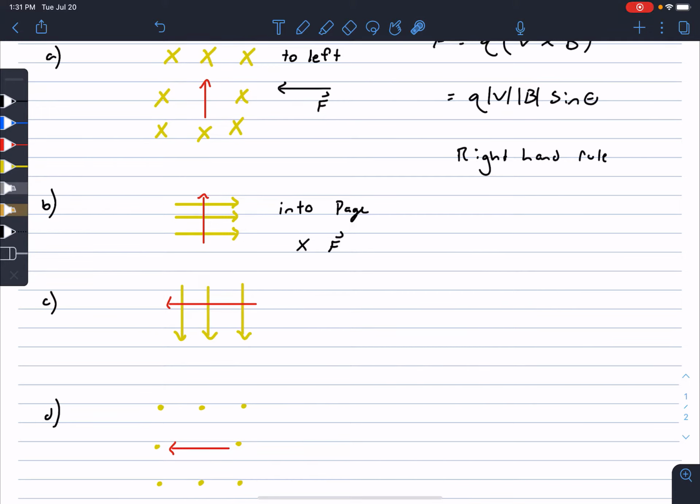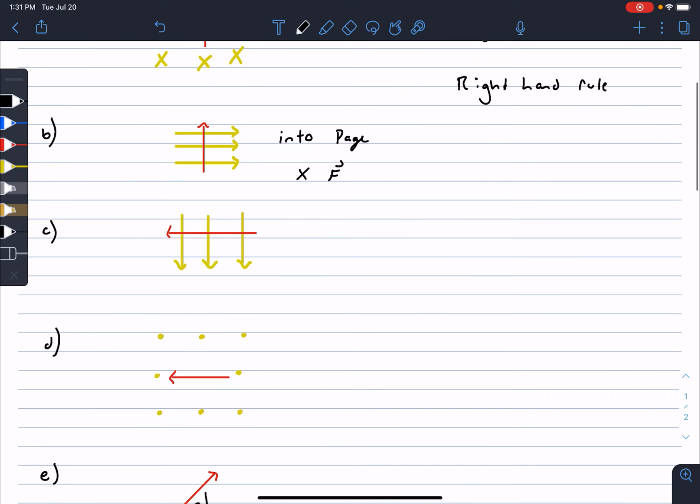Okay, do the same thing. Point fingers of the right hand to the left, find a way to curl them downwards, and this is going to be pointing out of the page, towards you. That would be indicated by these little dots. The force is pointing towards you.